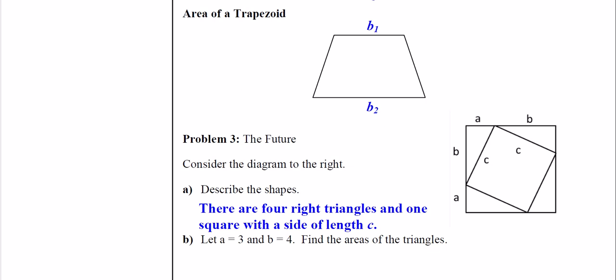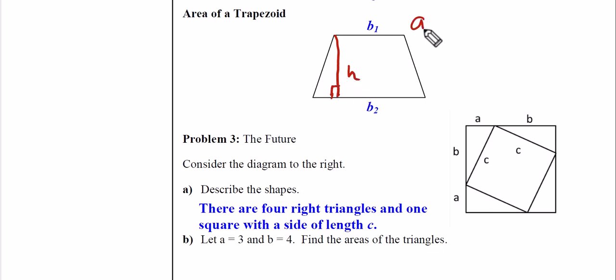The proof for the area of a trapezoid will be left as an example or a problem for you to maybe do in one of the quizzes. But for now, let's tell you what it is. If we have a trapezoid, we have a base 1, b1, and a base b2, and we have to know the height, which, of course, is the perpendicular.